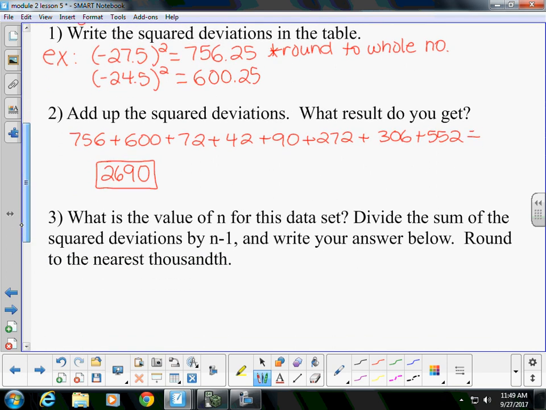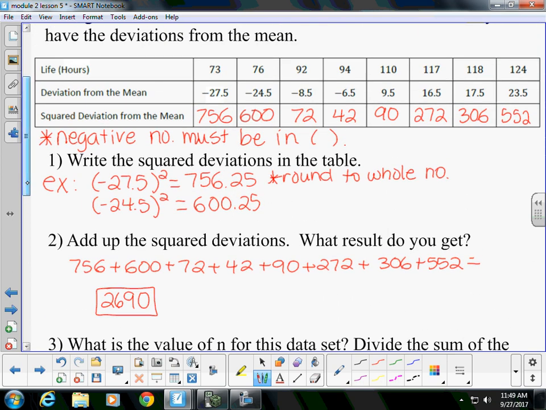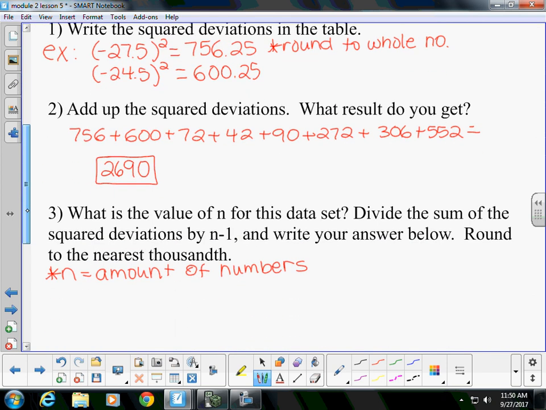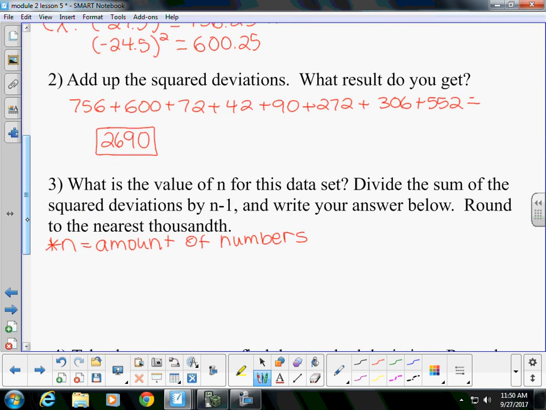Okay, next step, number 3, it says, what is the value of n for this data set? N means the amount of numbers. So in this particular case, the amount of numbers is 1, 2, 3, 4, 5, 6, 7, 8. This was the data set that had 8 batteries. So it's 8.